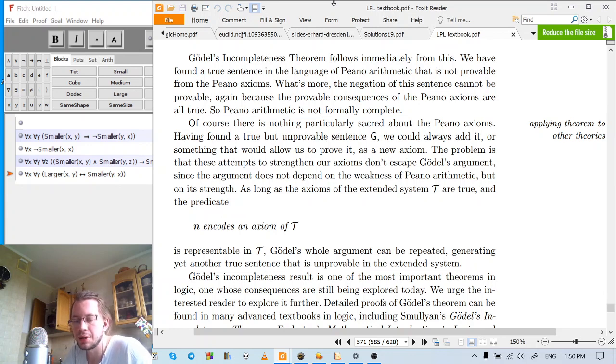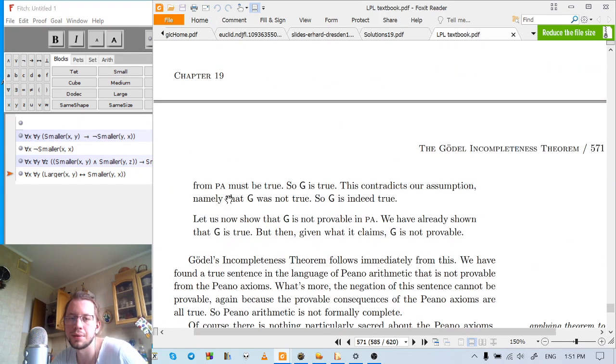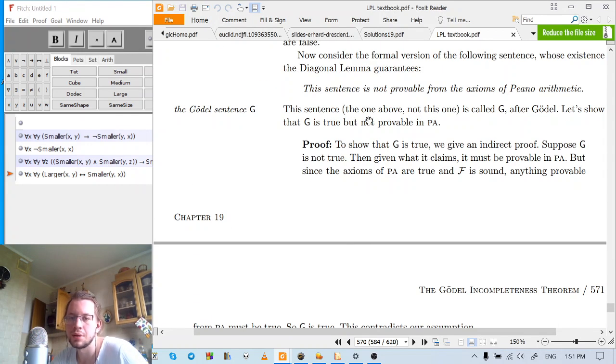What's more, the negation of this sentence cannot be provable either, because the provable consequences of the P&R axioms are all true. The negation of this sentence is that this sentence is provable from the axioms of P&R arithmetic.